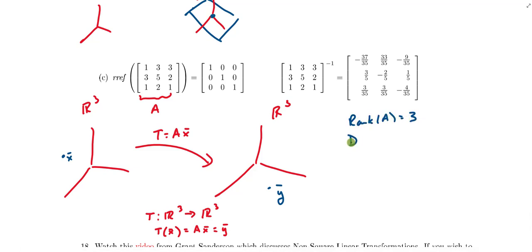Another way of saying that is the dimension of the image space of this transformation is 3. Now, our inverse matrix theorem tells us that whenever the rank of this matrix is 3, or the determinant is non-zero, or that this row reduces to the identity matrix, remember those are all equivalent statements, it tells us that this matrix is invertible. And here I went ahead and just showed you what the inverse is. We're not going to need that, but we know that this inverse exists.